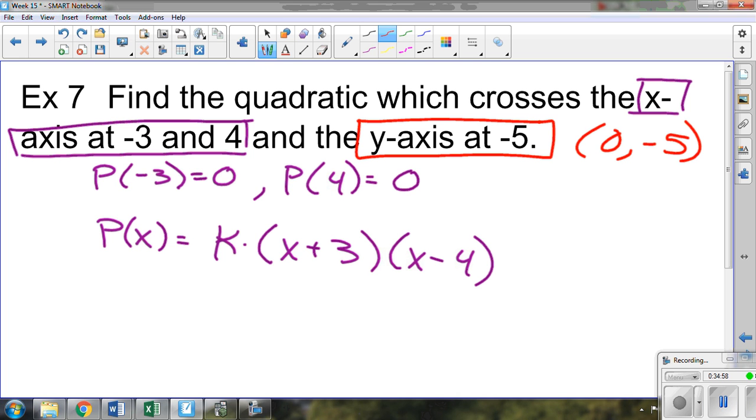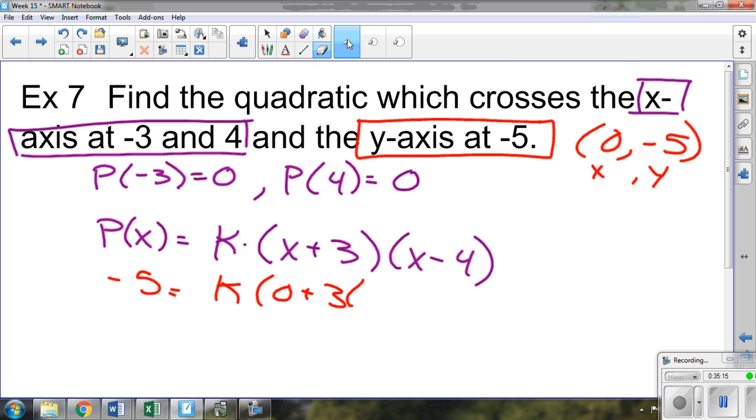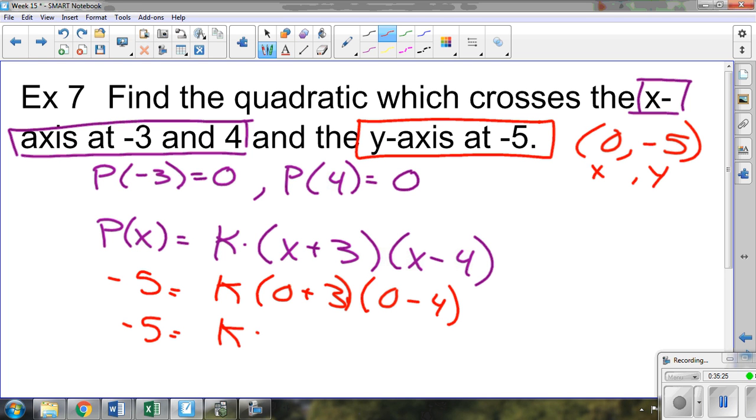The point is (0, -5). So if we plug in the x, we get out the y. So -5 is equal to k times 0 plus 3, oh, I wrote that one backward, 0 plus 3, 0 minus 4. So -5 is equal to k times 3 times -4, which gives us -12.